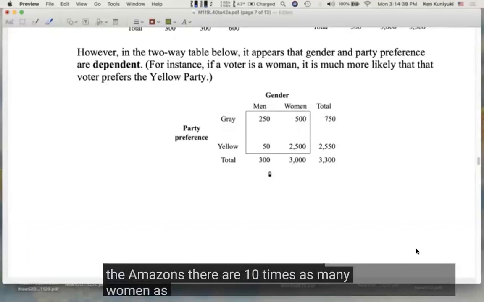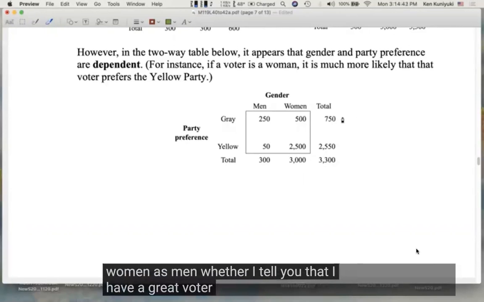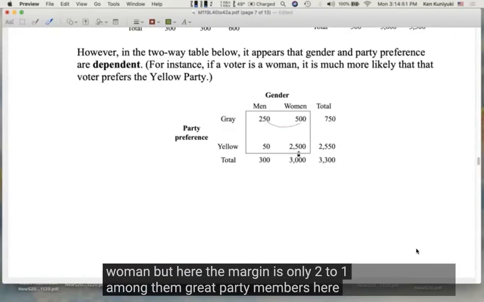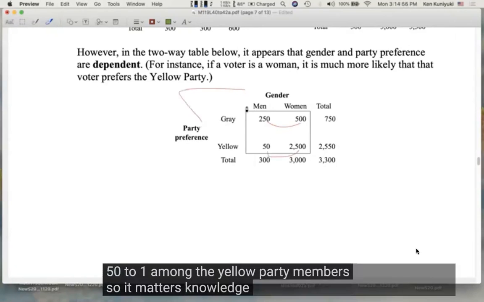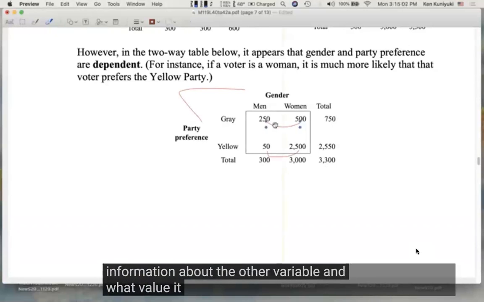There are 10 times as many women as men. Whether I tell you that I have a gray voter or a yellow voter, you're more likely that the person's a woman. But here, the margin's only 2 to 1 among the gray party members. Here, it's 50 to 1 among the yellow party members. So it matters. Knowledge of the value of one variable can give you additional information about the other variable and what value it could be.